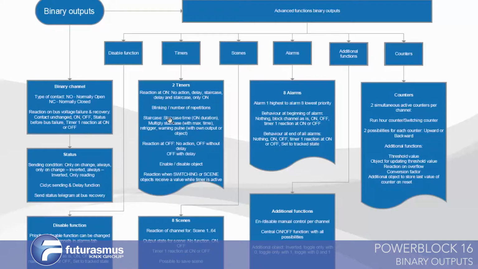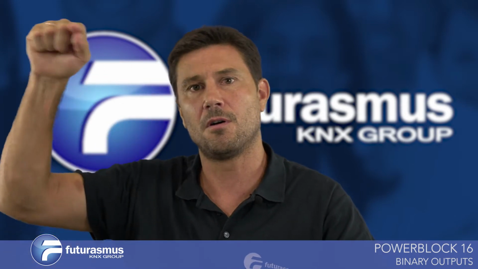You just need to configure those timers, and they are already linked to this output. This makes it much faster to configure the outputs, the functions of the actuator. So these timers can be set to on delay, off delay, for making an on, off, or just as a staircase function.